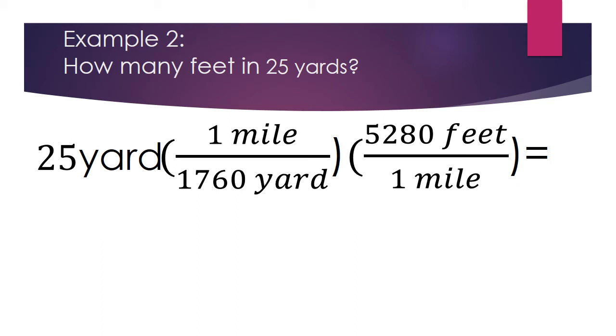So now, looking at this dimensional analysis, I can see that yards cancel each other, miles cancel each other, and the only unit that I am left with is feet. That's why all I need to do to find the final answer is to multiply these numbers together, and I'm going to end up with 75 feet.